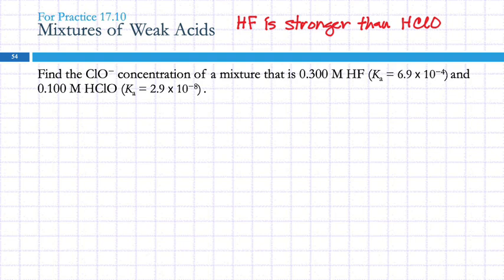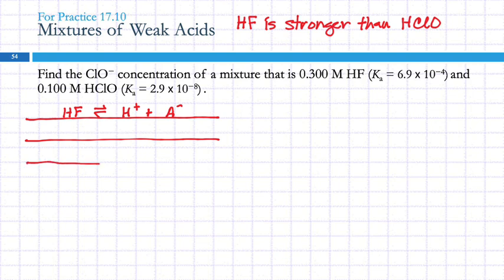What we're going to do is look at the stronger acid first, and then we'll look at the weaker acid, because this is asking us for the hypochlorite concentration, not the pH. So we'll start with the stronger acid. And here I'm just going to abbreviate even more, because we know that all of this is aqueous.